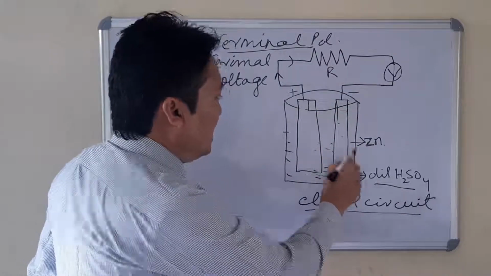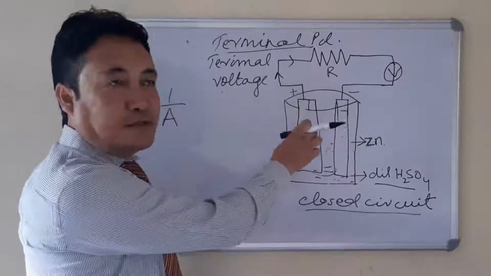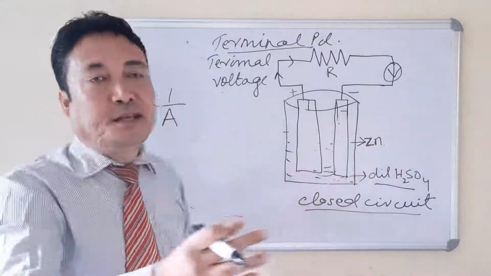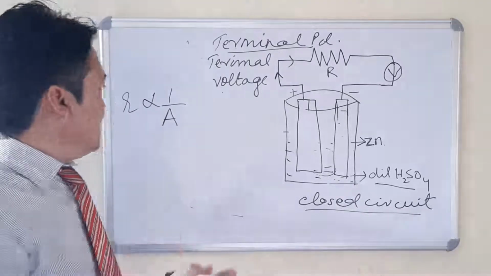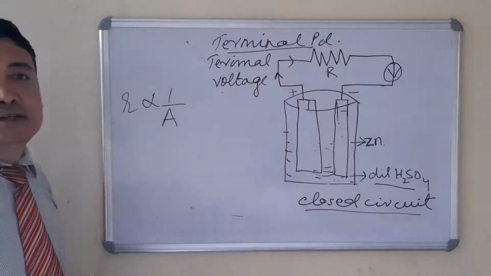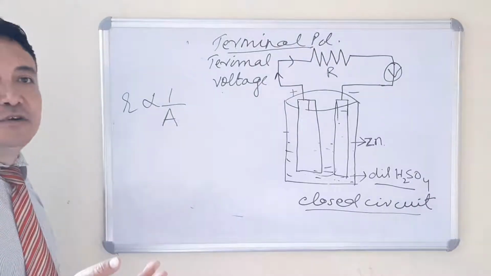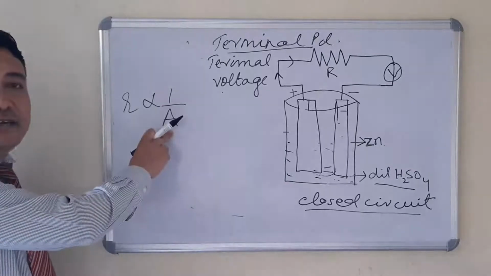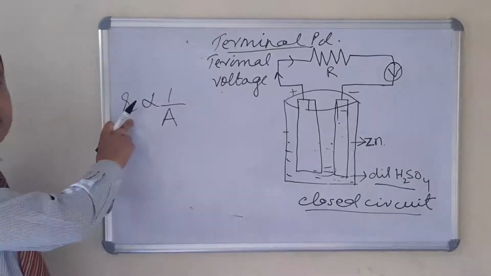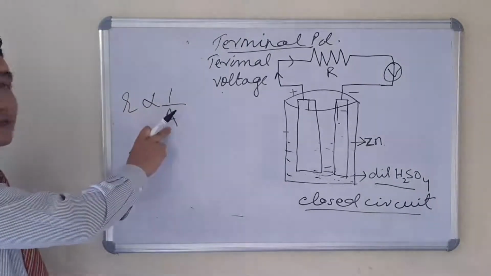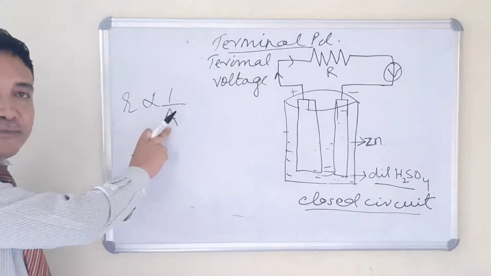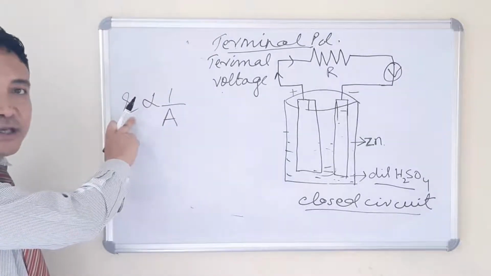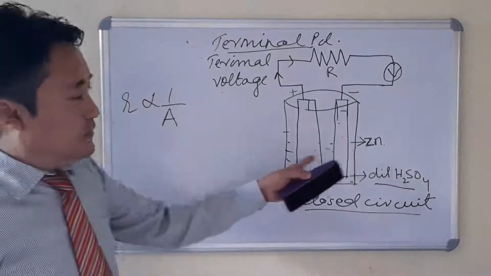So when the cross-section area, or the surface area, you say, of the electrode is larger, then the internal resistance will be smaller, since they are inversely proportional. If the surface area of the electrode is smaller, then the internal resistance will be more, or it becomes larger. So the first condition is there.